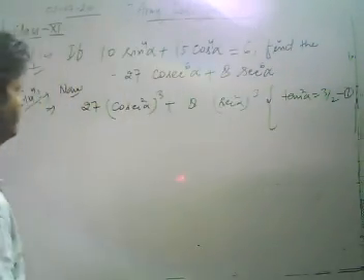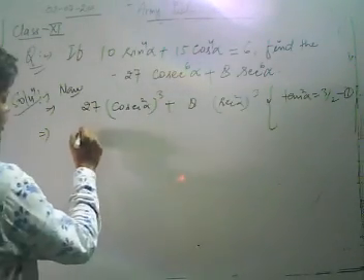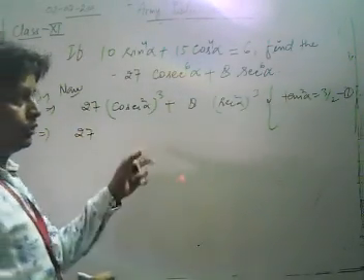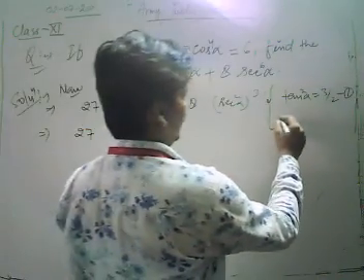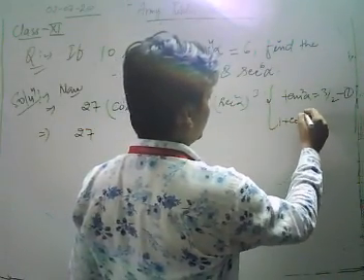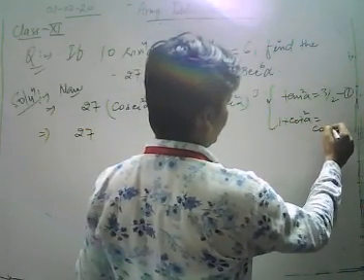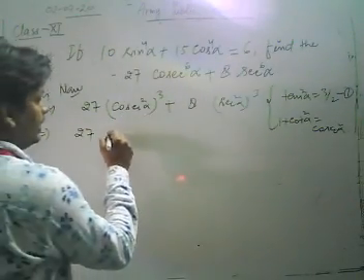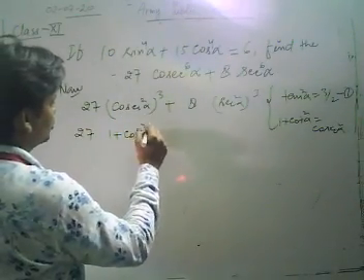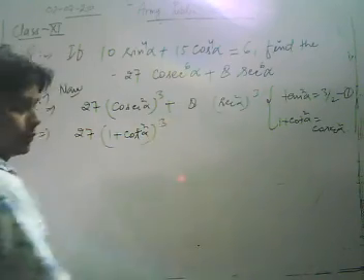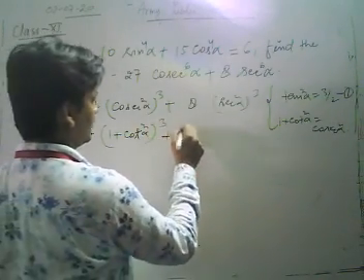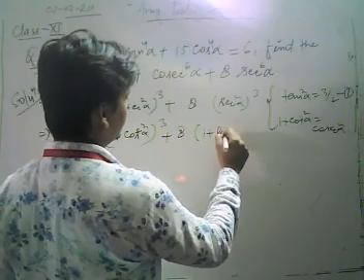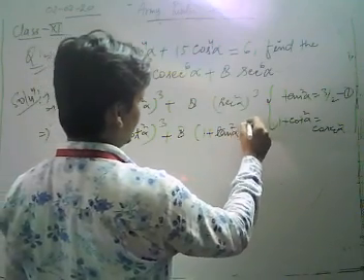Now we know the trigonometric identity 1 plus cot square alpha is equal to cosec square alpha. Then here we write 1 plus cot square alpha whole cube, same as here we write 1 plus tan square alpha whole cube.